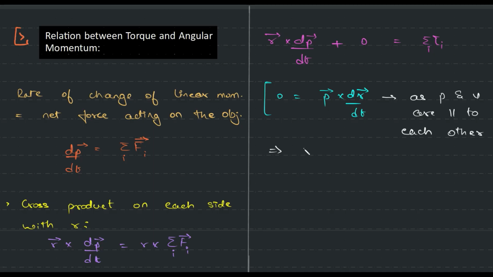This implies the cross product will be equal to 0. So basically, I have net torque is equal to dr by dt cross p, plus r cross dp by dt.